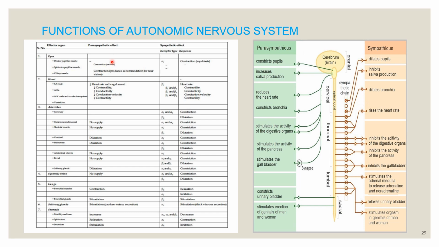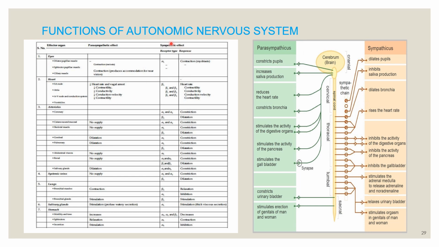If you stimulate the parasympathetic system of these nodes, conduction system and muscles, it leads to a decrease in activity. Stimulating the SA node decreases the heart rate and causes vagal arrest. Stimulating the atria decreases contractility, and stimulating the ventricles also decreases contractility. Stimulating the AV node decreases the conduction velocity.